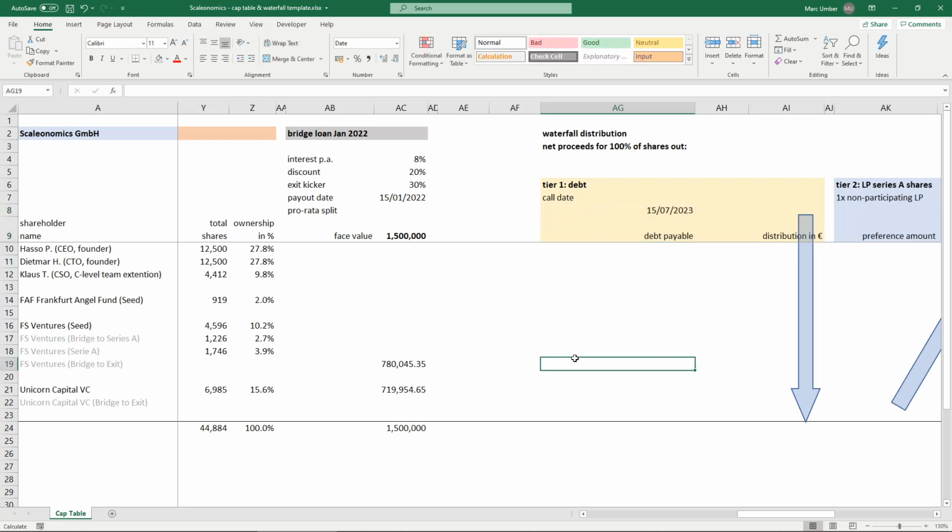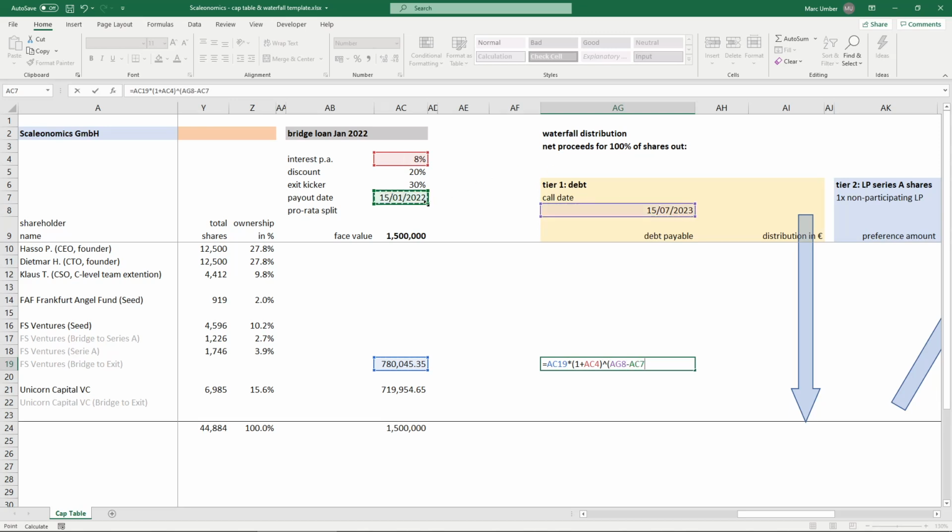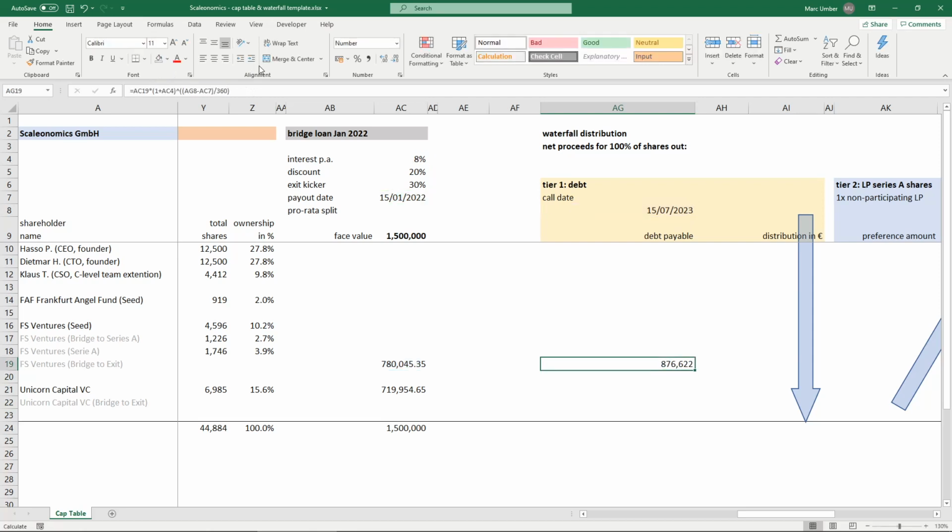With this information, we can calculate now how much the accrued interest will be: number of days to calculate the interest divided by 360. This is the accrued interest plus the nominal amount.